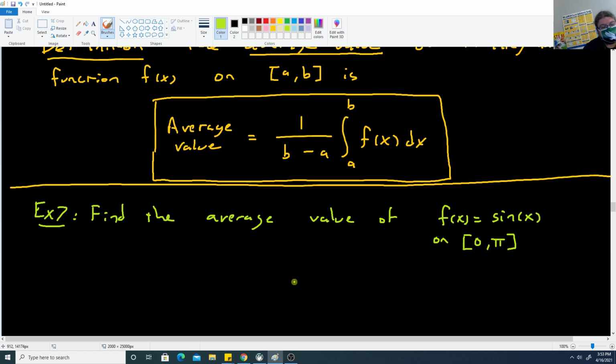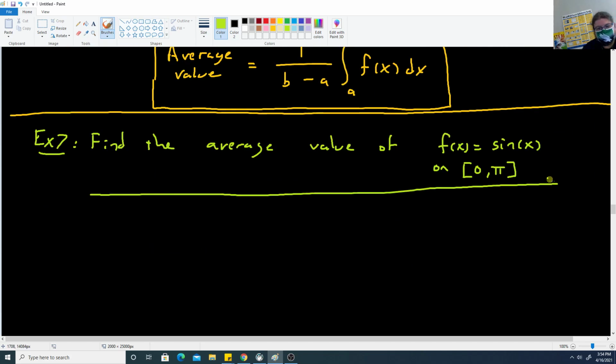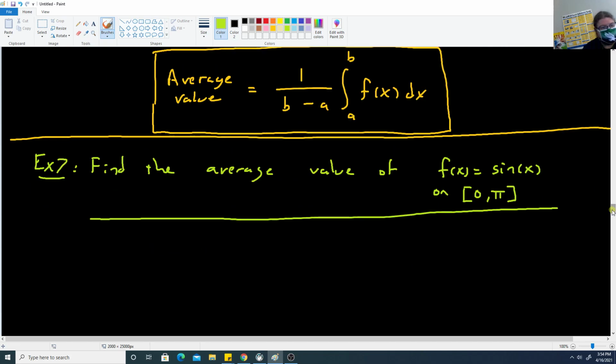If we think about it, to find the average of something, you add them together and then divide by the total number of things you added. The integral is kind of synonymous with adding them together. And b minus a is the interval length, so you divide by the interval length, and that gives you the average value. So we just use the formula above to set it up.